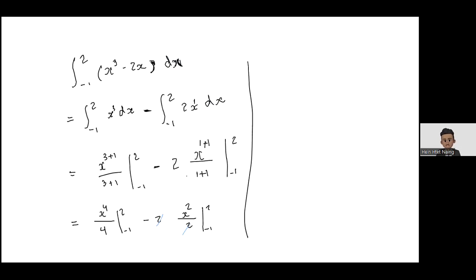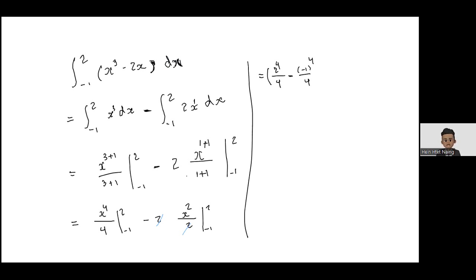So for the front one, we have to substitute the upper limit and lower limit, right? Once you plug in the upper limit, it becomes 2 to the 4 over 4. And then subtract the value of the lower limit. The lower limit is negative 1 to the power 4 over 4, right?